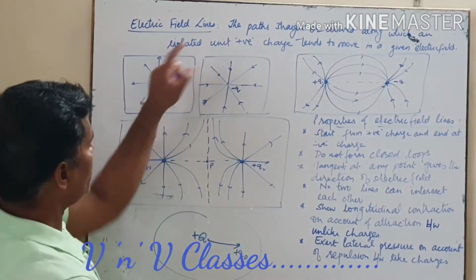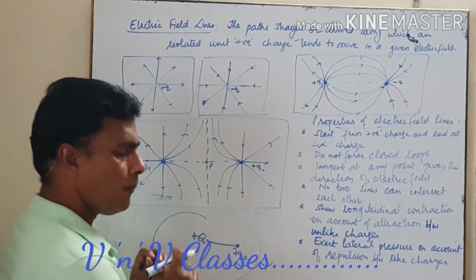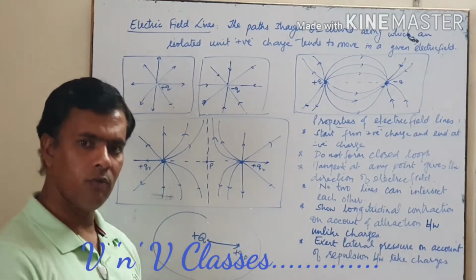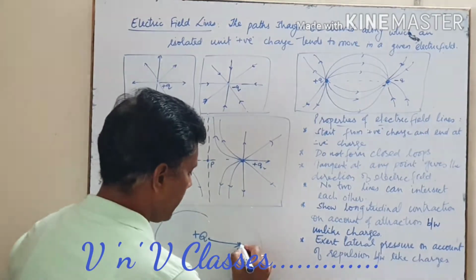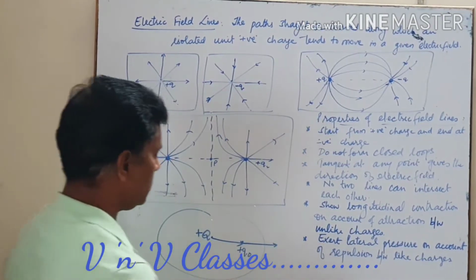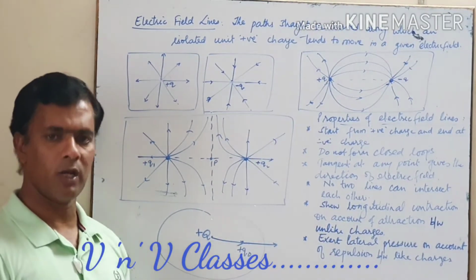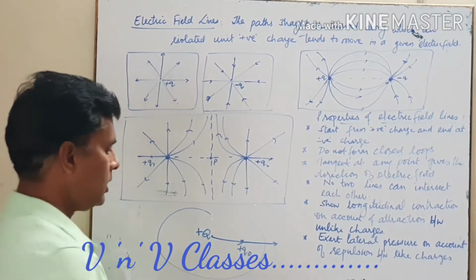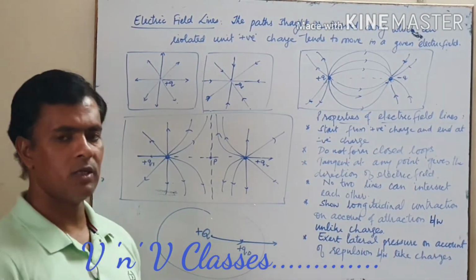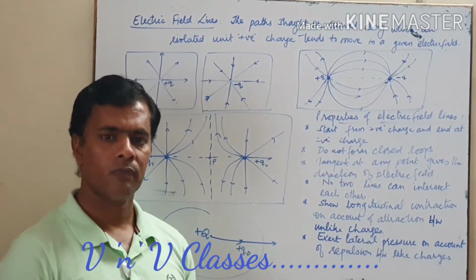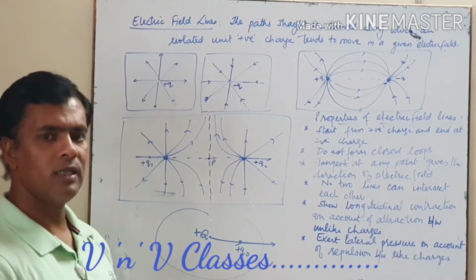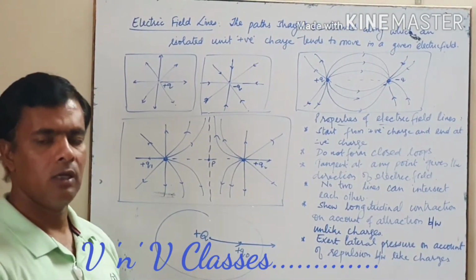If it is an isolated charge, which means it is not bound and is free to move, then it can be repelled along this path by the charge plus Q. This is the path along which the charge will tend to move. This is known as the electric field line.